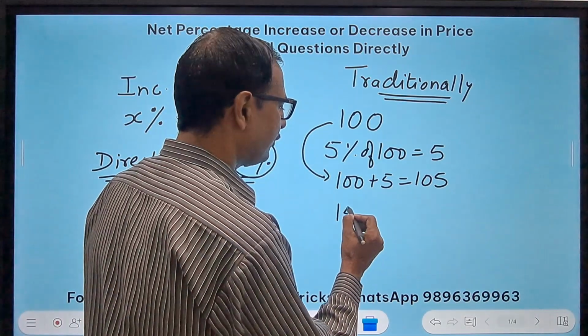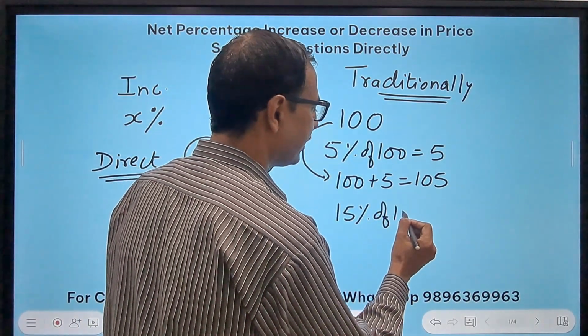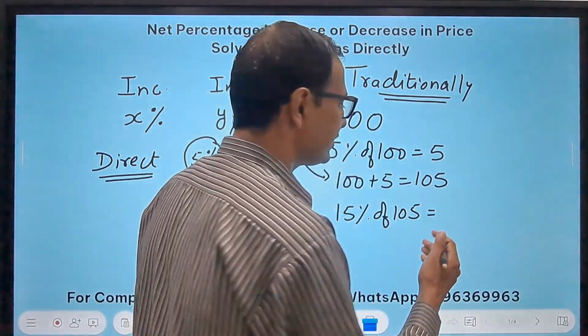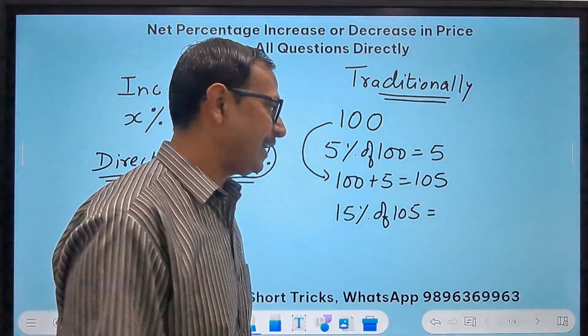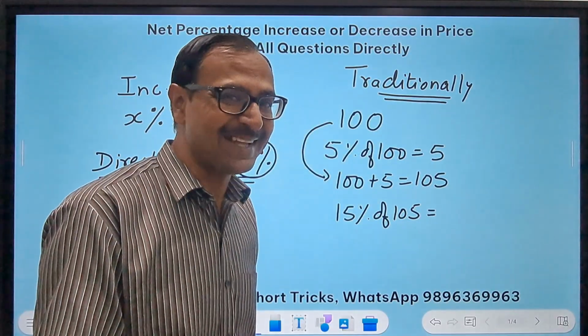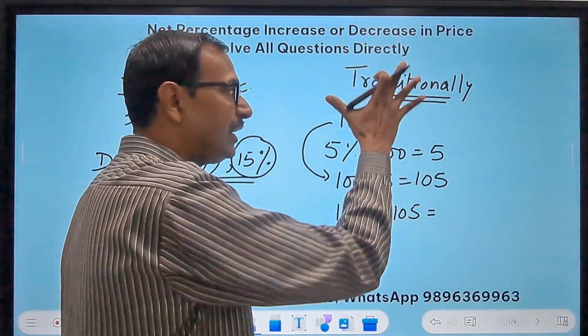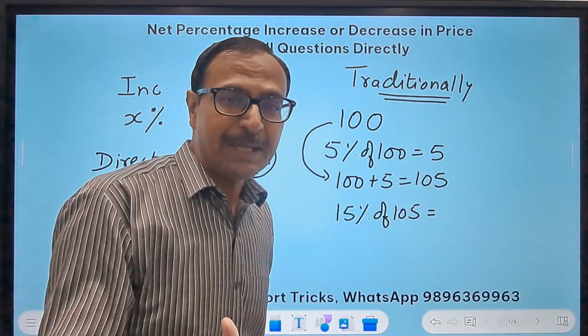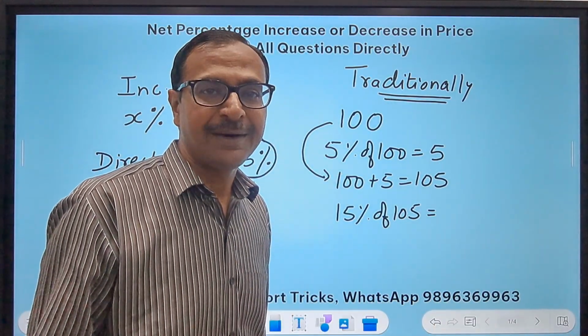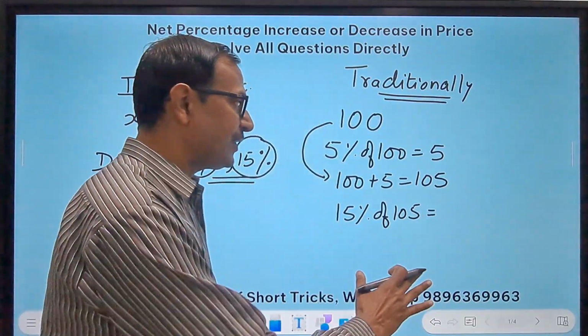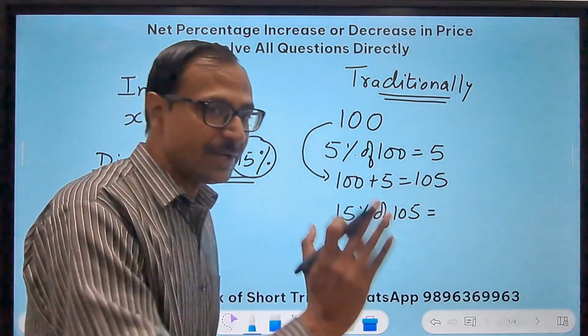So I am going to do 15% of 105 now, and that itself is a problem for so many of the students, finding 15% of something. That's really a problem, because finding percentages will involve use of so much time, and that's what you don't have in the competitive exams, and that's where the direct trick is going to work wonders for us.